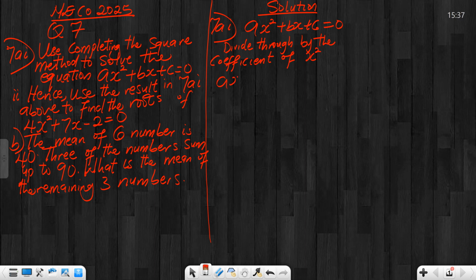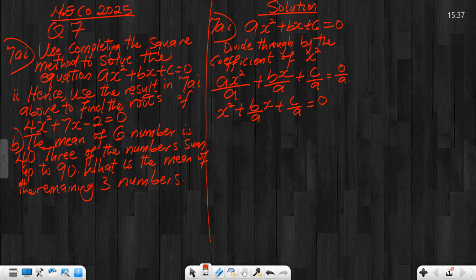So here I will have ax squared divided by a plus bx divided by a plus c divided by a equals 0 divided by a. And this will give me x squared plus b all over a x plus c all over a equals 0.